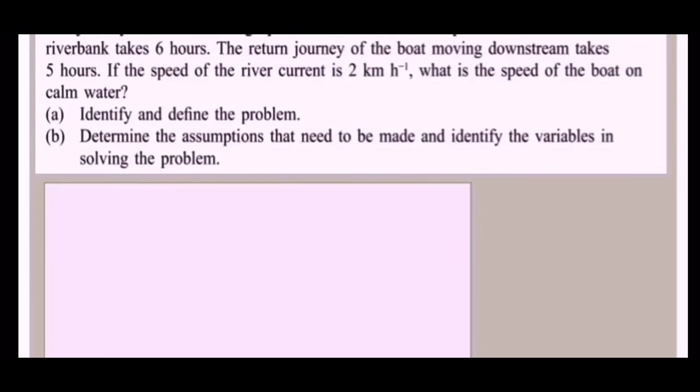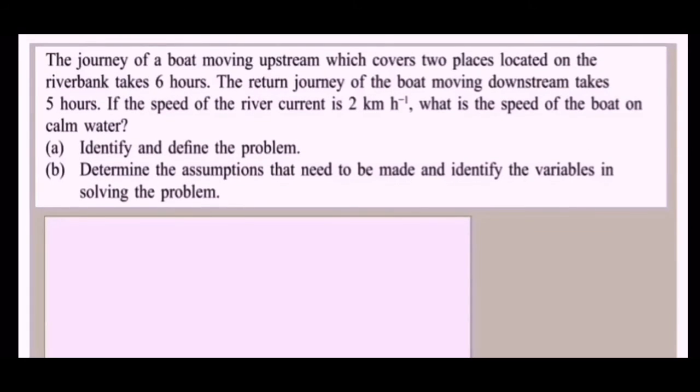We have seen the mathematical modeling process work by one example as shown above. Next, we want to discuss two more questions in mathematical modeling. The journey of a boat moving upstream to cover two places located on the river bank takes 6 hours.